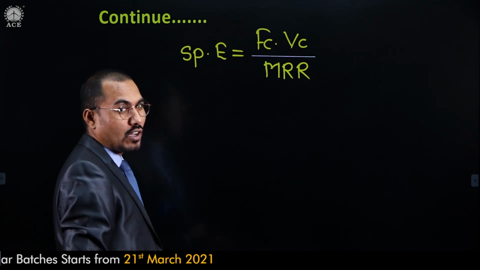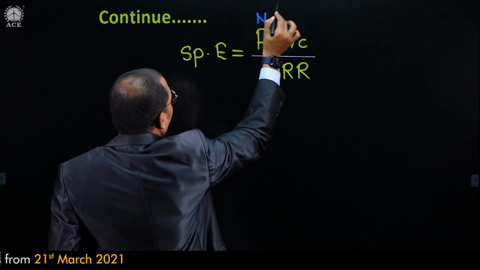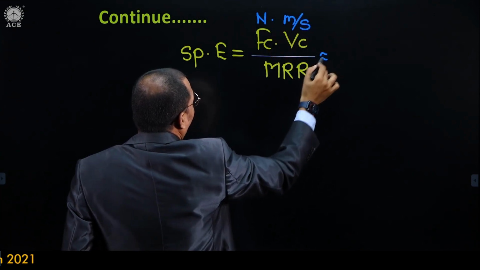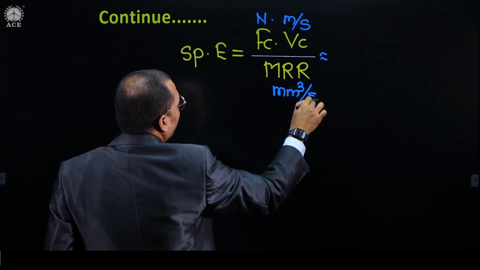We all know that. We'll apply the units. Force is in Newton. Velocity has to be in meter per second. Now, metal removal rate is in millimeter cube per second.